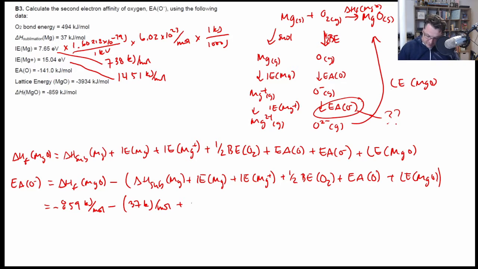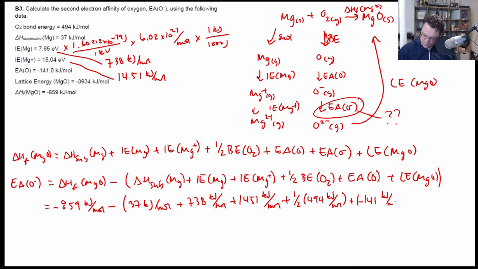So I plug those values in: 738 kilojoules per mole plus 1,451 kilojoules per mole plus 1/2 of 494 kilojoules per mole plus negative 141 kilojoules per mole plus negative 859 kilojoules per mole.